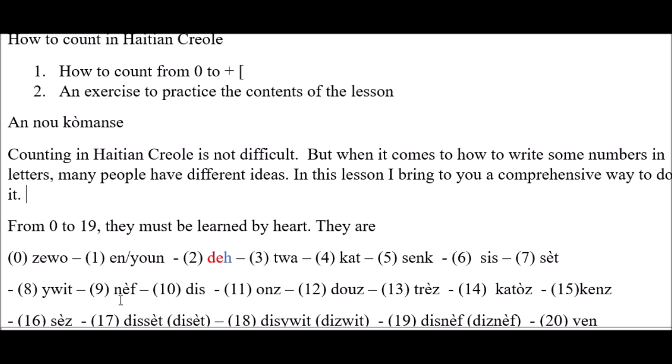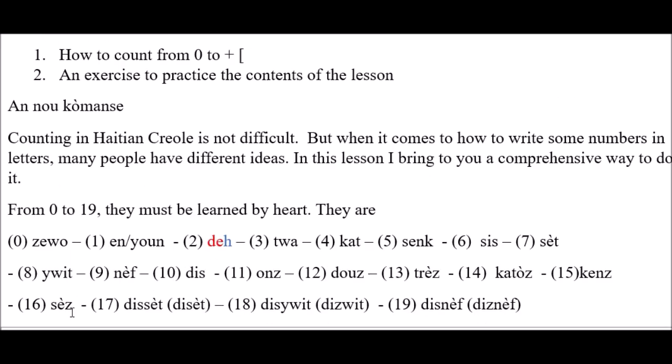8, 9, 10, 11, 12, 13, 14, 15, 16, 17. Okay, that's 17. But some people say it differently, okay? It's okay, but I advise you to write it this way. 17, 18, okay? 10 plus 8, okay? 18.